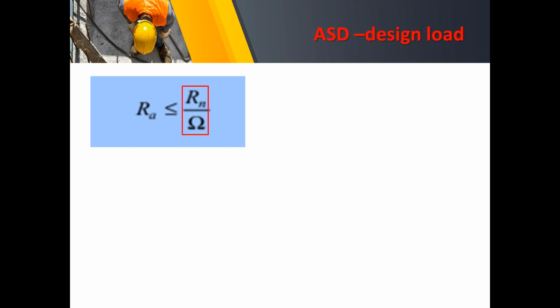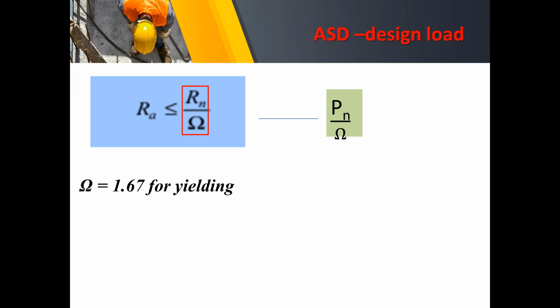For allowable strength design, the design load is governed by this equation. Ra is always less than or equal to the nominal resistance over the factor omega. So we concentrate on the right hand side of the equation. We can write that as the nominal load over omega, wherein omega for yielding is equal to 1.67.